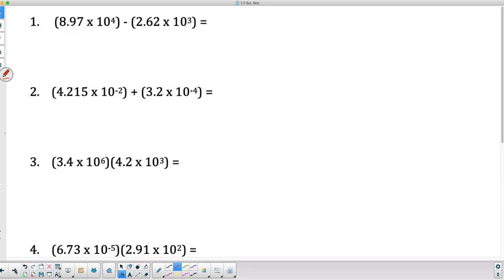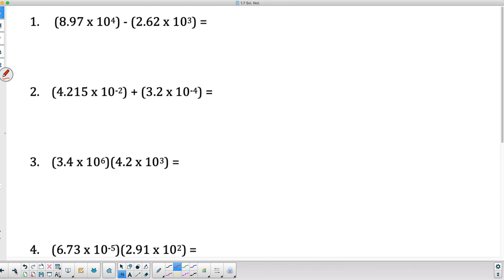So here you're just going to do some practicing. The practicing should look like this. You can type this stuff right into the calculator. If you're using a calculator from me, you should be looking for, I believe, it says EE or EXP. I'm not sure which one it is.